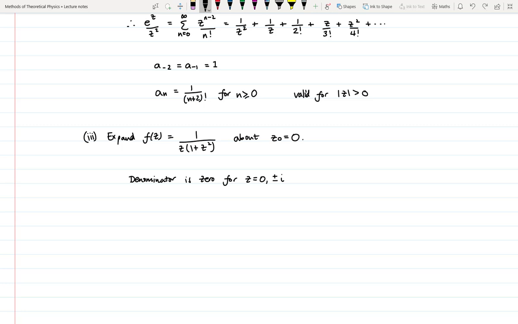We can therefore draw a picture to see what's going on. We have our real and imaginary axes. We have a singularity at the origin. We have another singularity at plus i, and a third singularity at minus i.